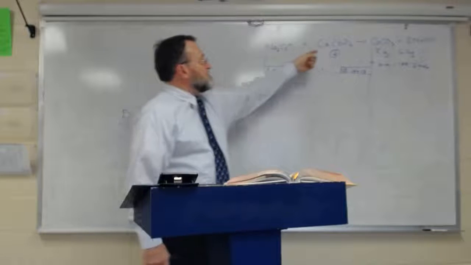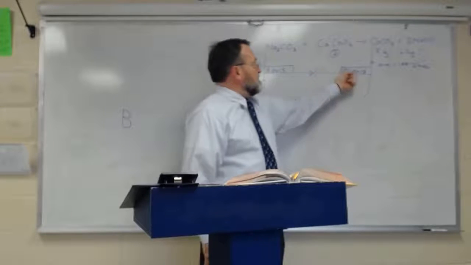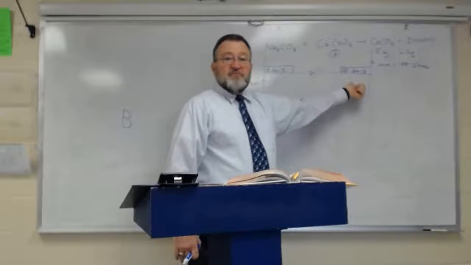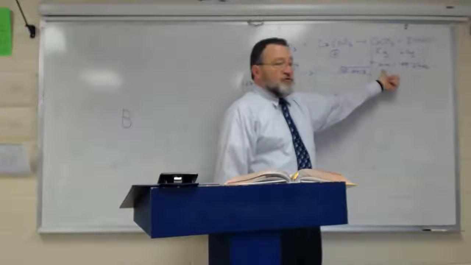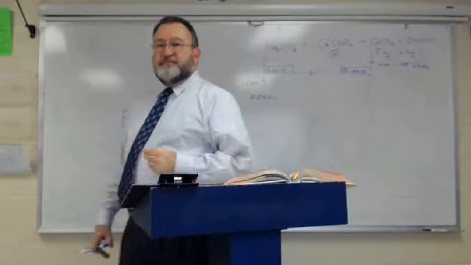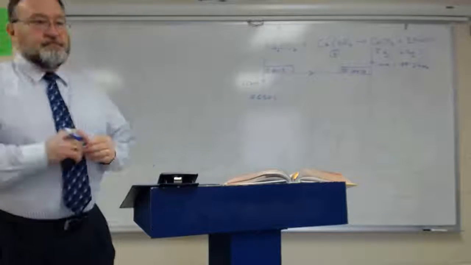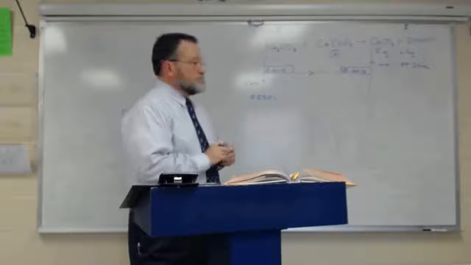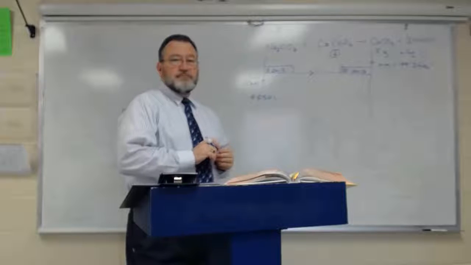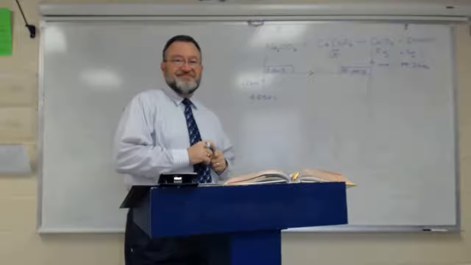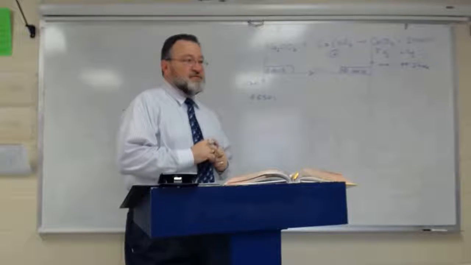And if I have excess calcium hydroxide, it will produce the same number of moles of calcium carbonate. That number of moles at 100.1 grams per mole will have a mass of 6.16 grams. Clear as mud? That is the first half of the example problem.